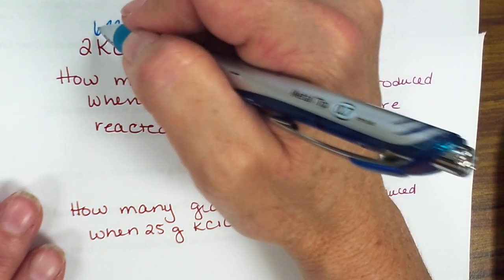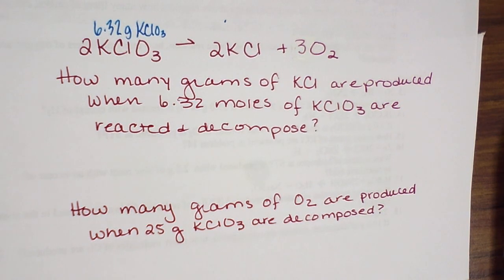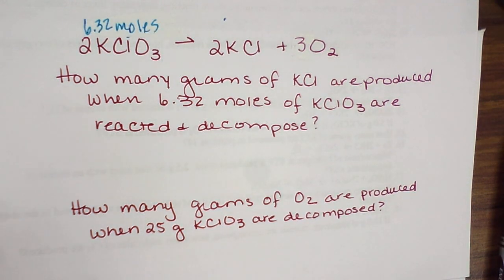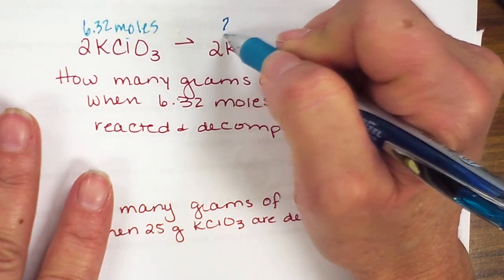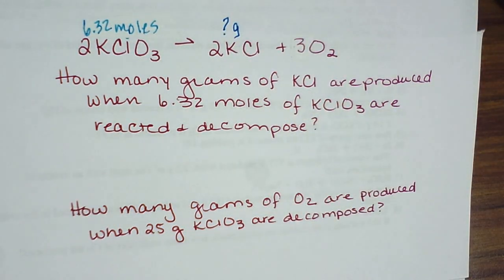Wow, totally messed this up. I'm correct. Sorry. Okay, corrected. I start with 6.32 moles of potassium chlorate. And what I want to know is how many grams of the potassium chloride I'm going to end up with.